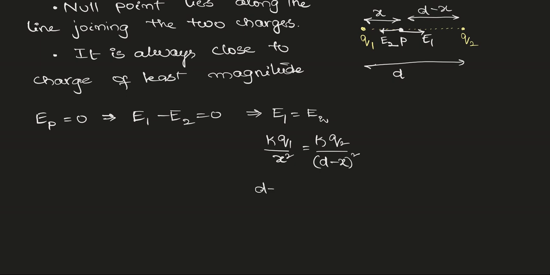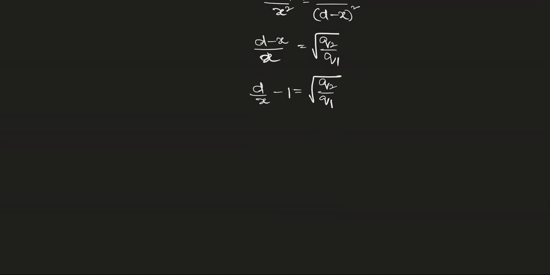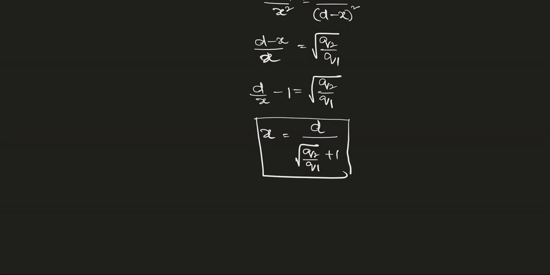From this equation I can write (d minus x) by x will be equal to square root of Q2 by Q1, or d by x minus 1 will be equal to square root of Q2 by Q1, or x will be equal to d by (square root of Q2 by Q1 plus 1). So this is how we have to locate the null point for a given system of charges.